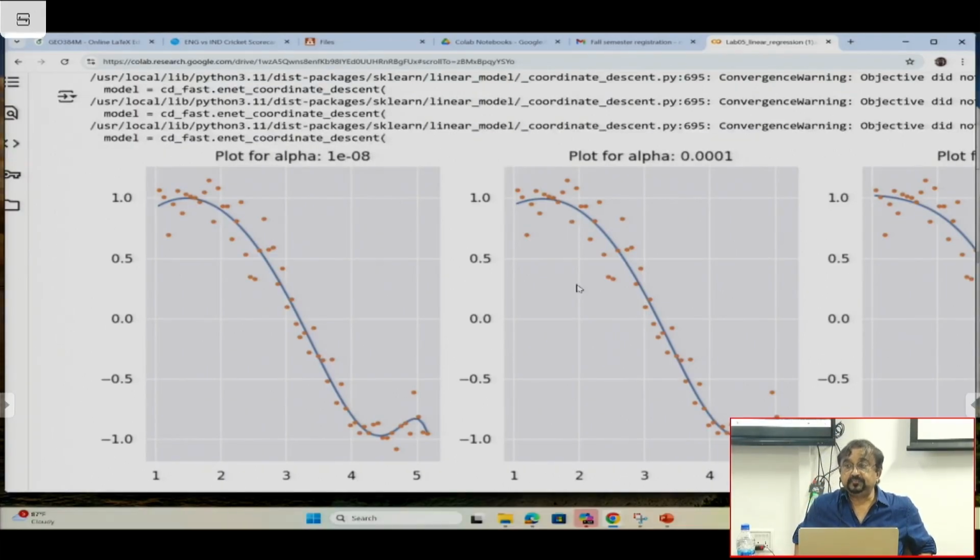What is the difference between putting an L2 norm constraint on the model and putting an L1 norm constraint on the model? Remember what L1 does to your model? It actually ignores the outliers, right?